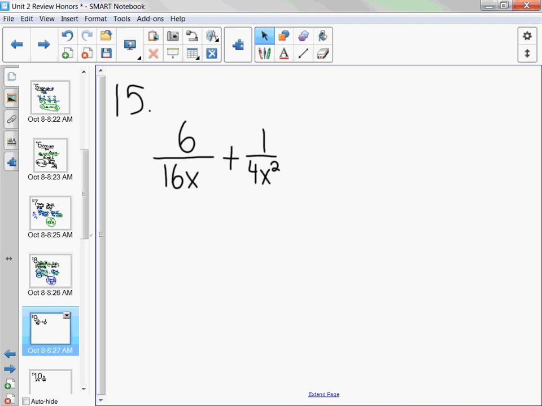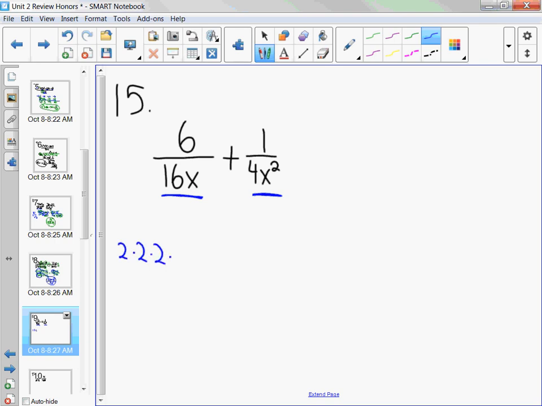Okay, number 15. Number 15 asks us to add or subtract and then simplify completely. So on this one right here, I have to get a common denominator. If I completely factor 16x, I'm going to completely factor each of these. 16 breaks down to 2 times 2 times 2 times 2. And then, of course, I have an x.